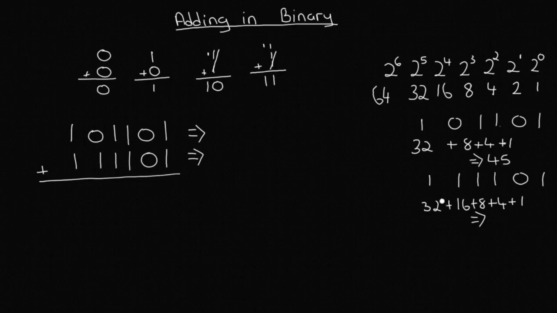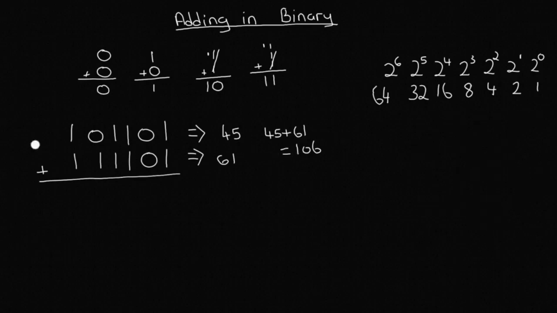Then we can do the exact same thing with this other binary number. Our second binary number is equivalent to 32 plus 16 plus 8 plus 4 plus 1, and this total is 61. So if we have 45 as our first binary number and 61 as our second binary number, we take 45 and 61, and it gives us a total of 106.